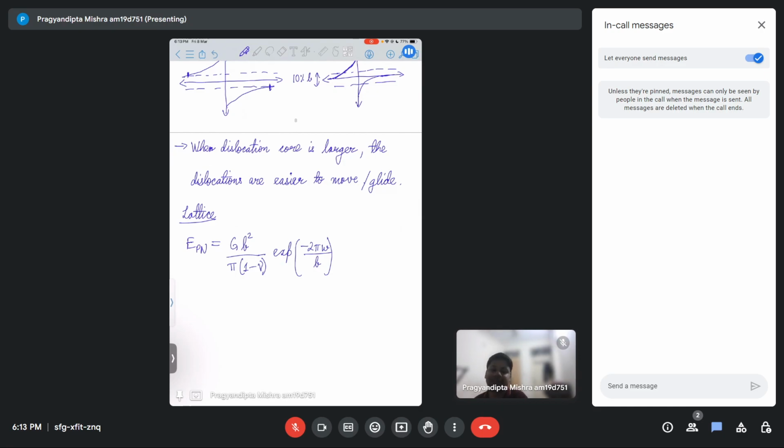So this is the Peierls-Nabarro energy barrier due to the lattice.